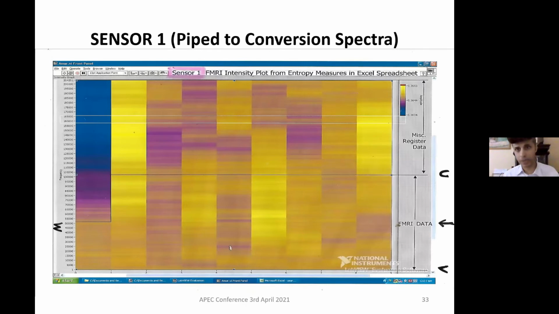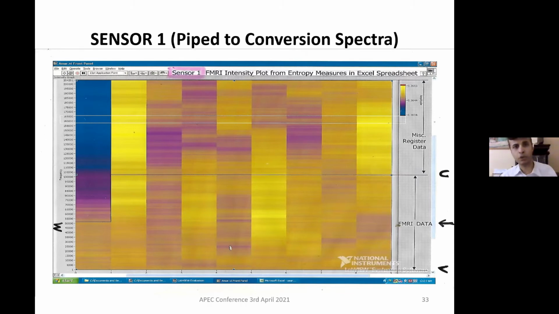And by the way, at the top portion you see the miscellaneous registered data, what we call registered junk data that's sitting there. This is because I was not well equipped. I had what I had, a shoestring budget, so I'm working with what I got. So I had to do a lot of things manually.